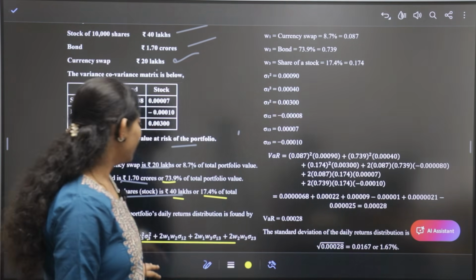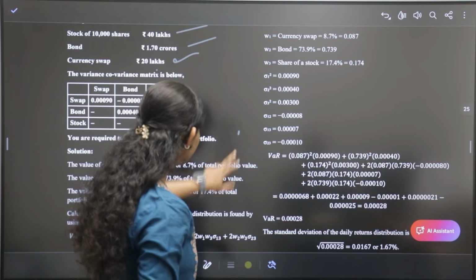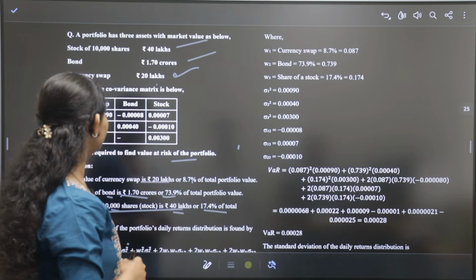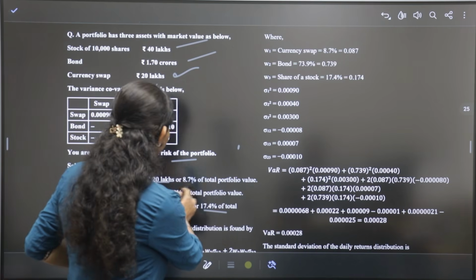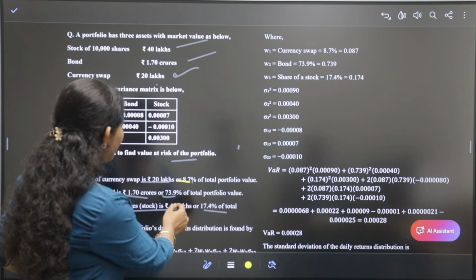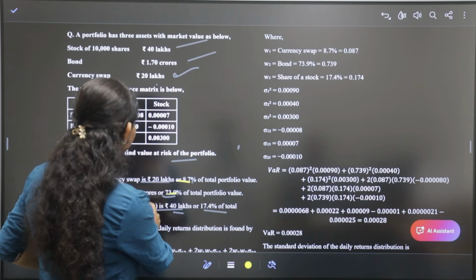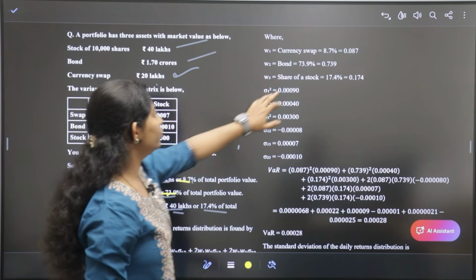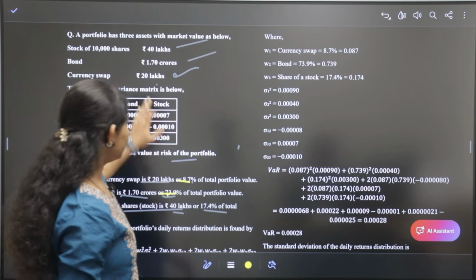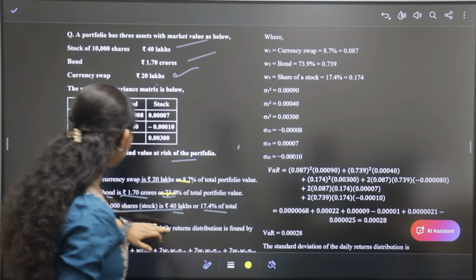This is the formula, and now we will calculate W1, W2, W3 and the standard deviations. W1 is 8.7% of the portfolio, W2 is your bond value, that is 0.73, and W3 is 17%.